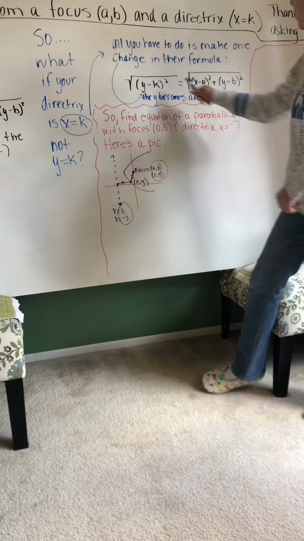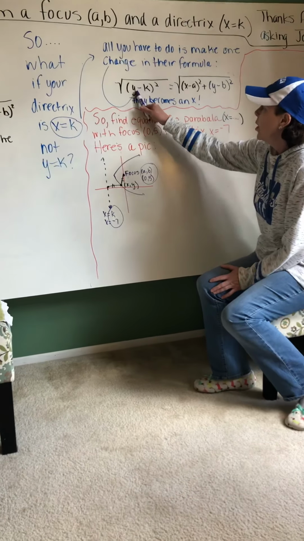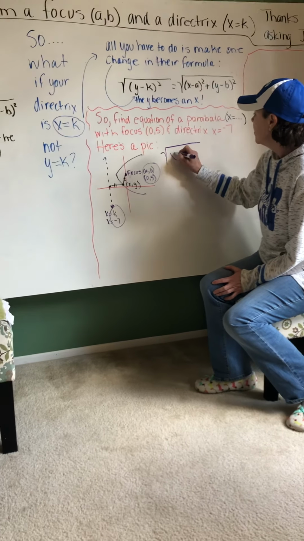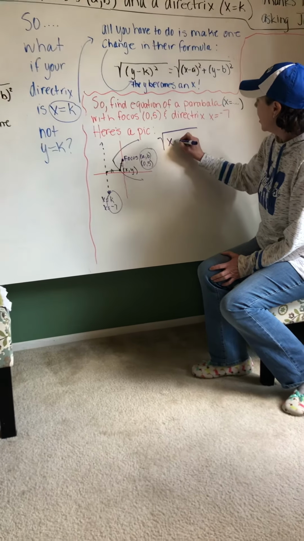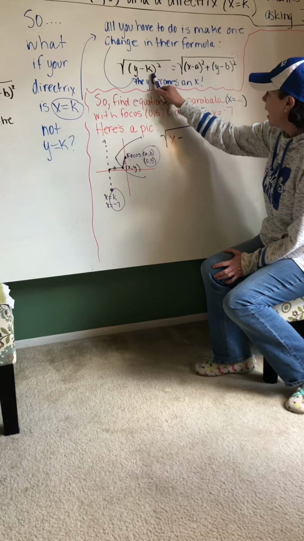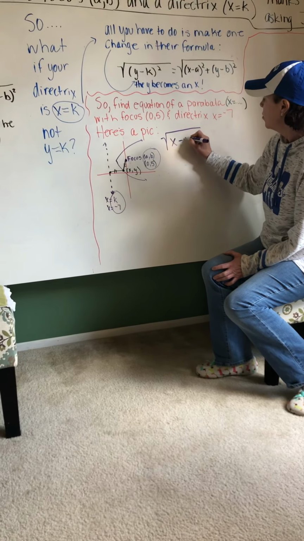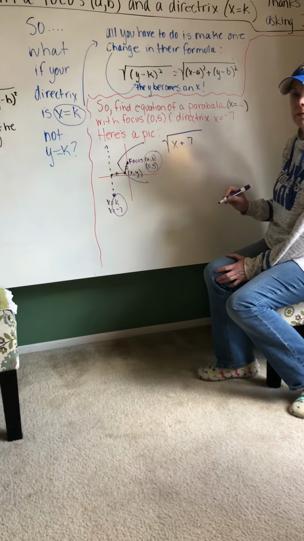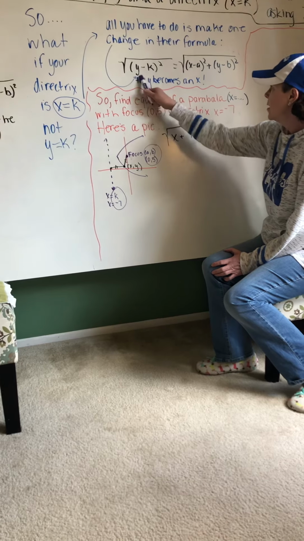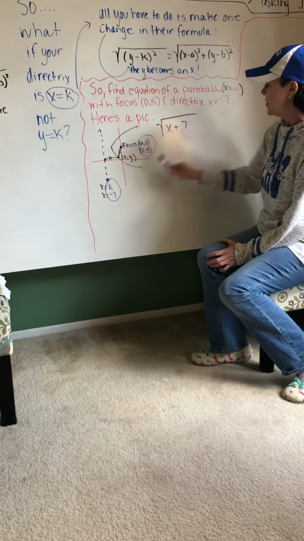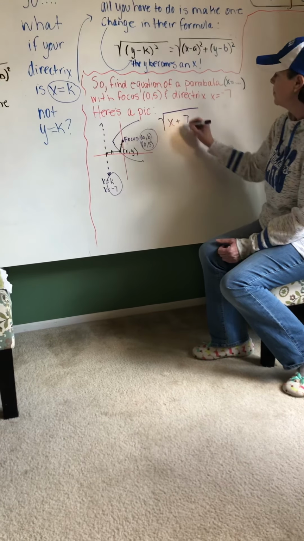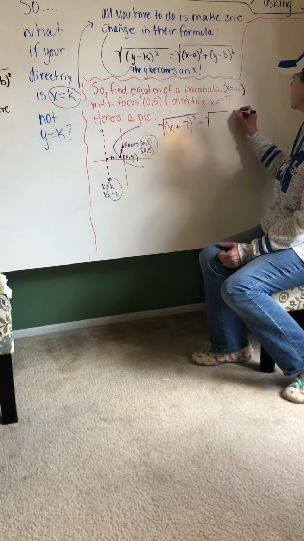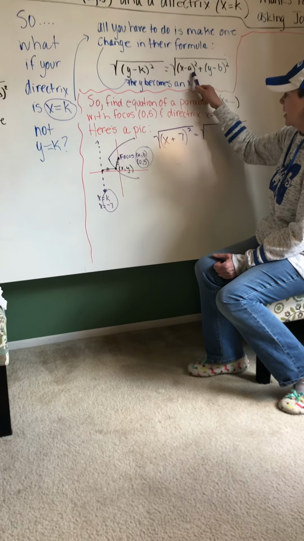So let's write their formula, except right here we're going to put an x, and we're going to fill in our letters. So x minus k, and our k is -7. When I put a -7 here, that's going to be a +7. So that was x minus a -7, which is +7, equals, the right-hand side doesn't change, x minus 0.